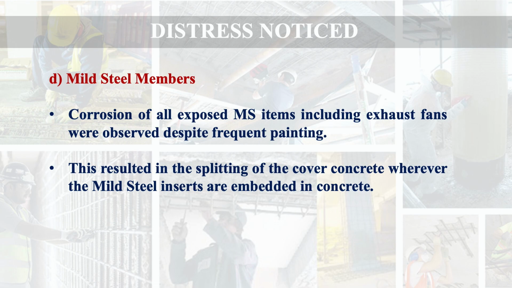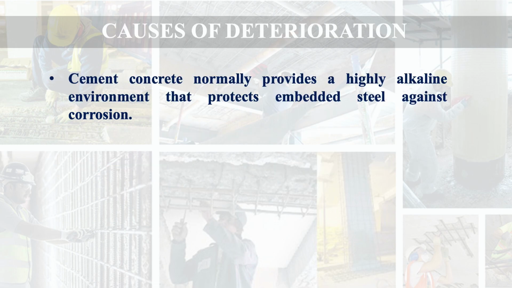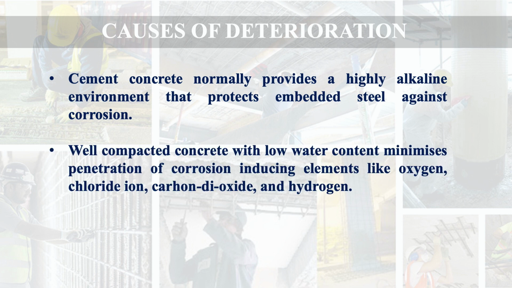Now, what were the causes of deterioration? Cement concrete normally provides a highly alkaline environment that protects embedded steel against corrosion. Well compacted concrete with low water content minimizes penetration of corrosion inducing elements like oxygen, chloride ion, carbon dioxide and hydrogen.